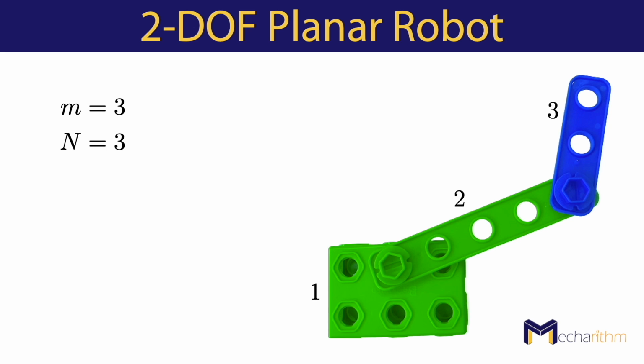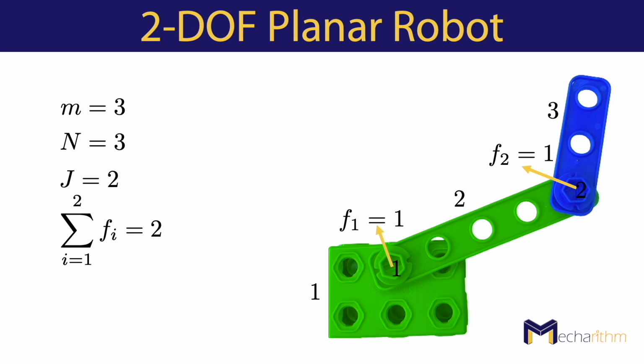The robot has 3 links. Remember that? The ground is also a link. We have 2 joints, joint 1 and joint 2. And the sum of the degrees of freedom of the joints is 2. Each joint provides us with 1 degree of freedom.